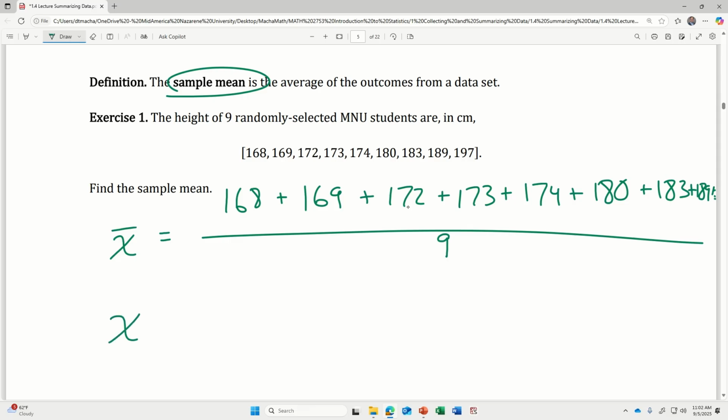Whenever we wrote out the formula earlier, we used a big capital Greek letter sigma and a little x with a lowercase i, and then divided by n. I'm going to write that a little bit prettier.